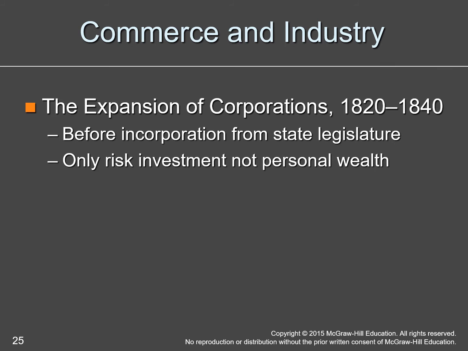If I put $100,000 into starting a company and the company goes bankrupt, I lose my $100,000, but they can't come take my personal house, my personal car, my personal cat. They can only take the business assets. People thought that was unfair, because if you stand a chance to become really rich through your work, then you should also risk everything that you have. So initially, corporations are not very popular and they're very difficult to start up.